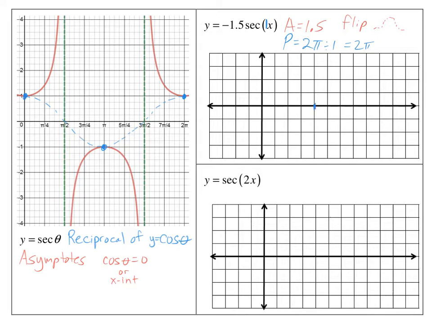So I'm going to call this halfway. I'm going to call right here 2 pi. I'm going to go by, so I can break it up in fourths. And since we want to go 1.5, I'm going to go up by ones. So it's going to be 1 and 2 and -1 and -2. And if I'm drawing an upside down cosine, aren't we going to start at -1.5 right there?